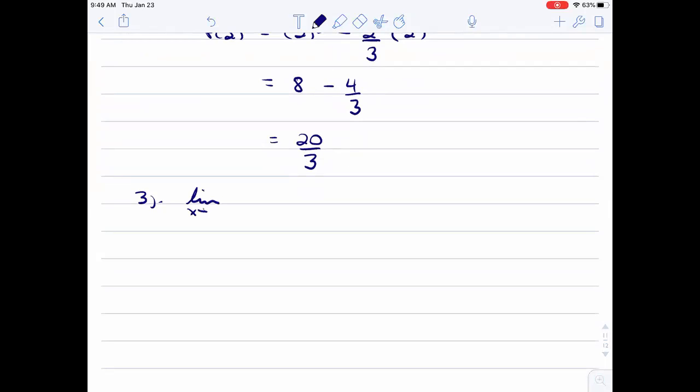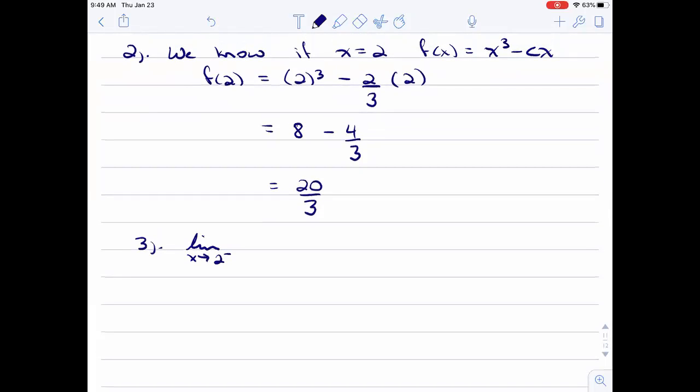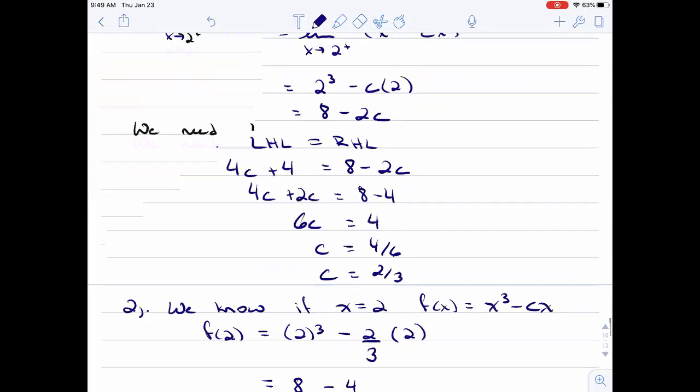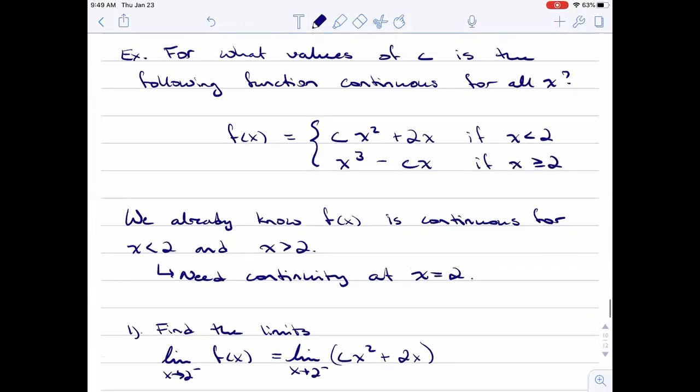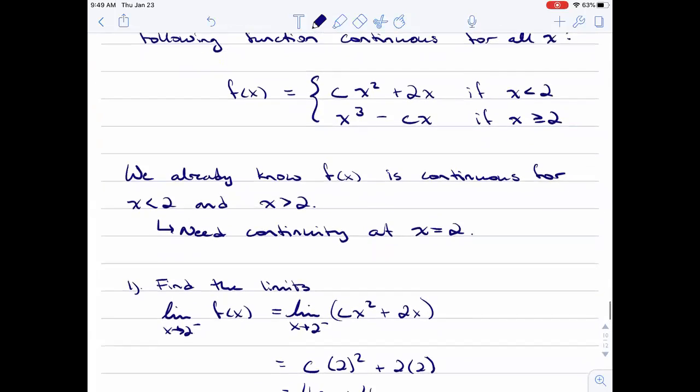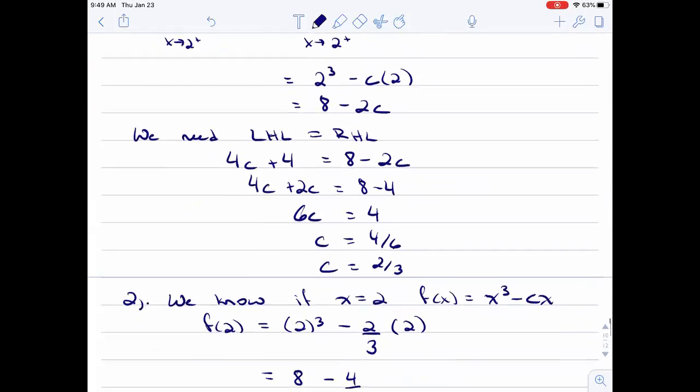And so the limit as x approaches 2 from the left is going to be of, where was it? cx squared plus 2x.